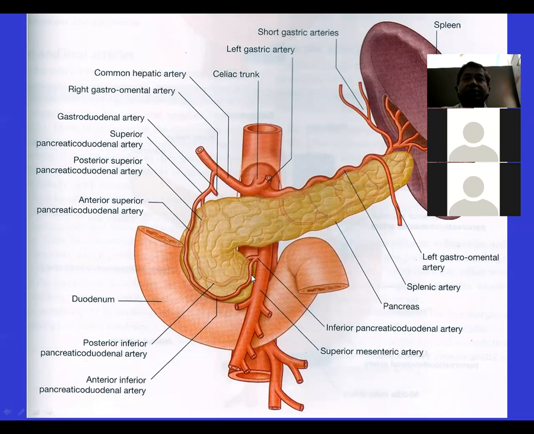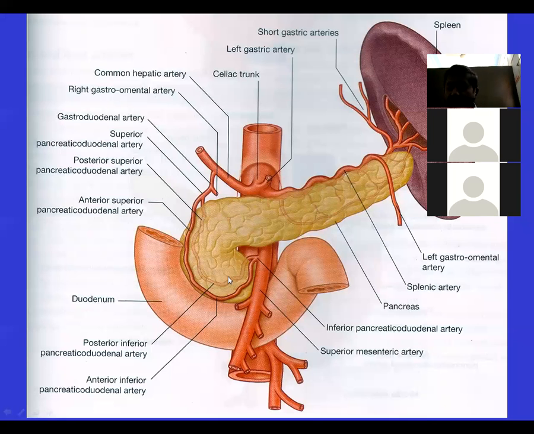So remember, the pancreas gets arterial supply from the splenic artery, and also from the superior pancreaticoduodenal artery and the inferior pancreaticoduodenal artery.